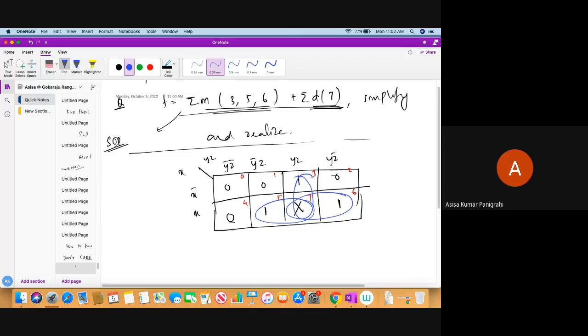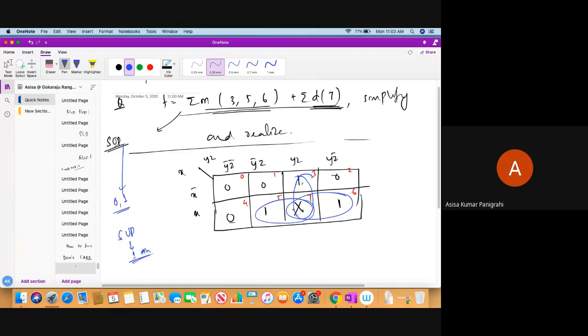Okay, so don't care can be 0 or 1. Do you understand? So depending upon the function, if SOP it will act as a 1, and it will act as a min term. So you can combine those don't cares if it is giving a minimum number of literals, and a don't care can be combined more than once if it is giving a minimum number of literals. So here don't care I have combined 3 times because it's giving me minimum number of literals.